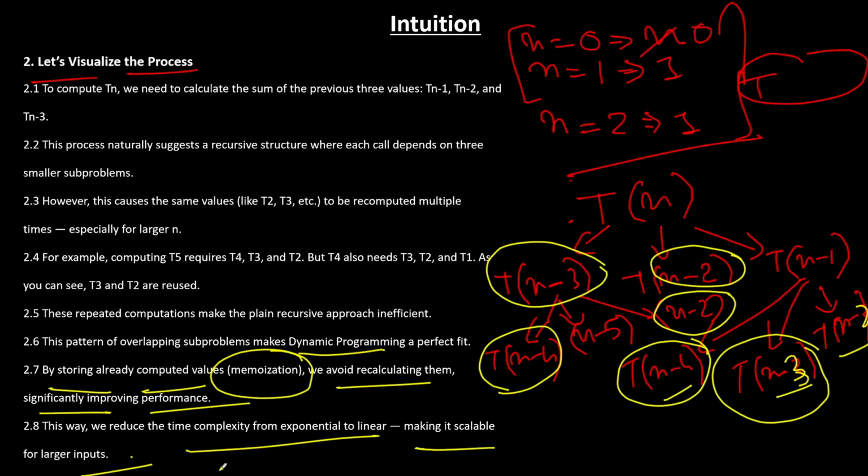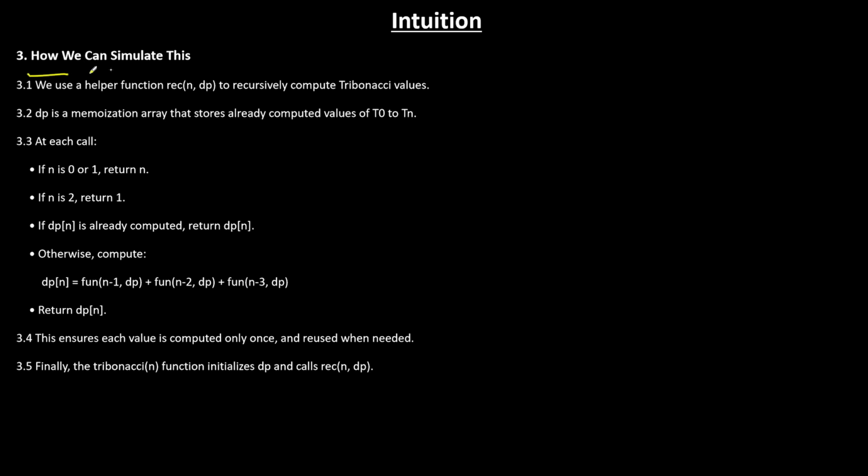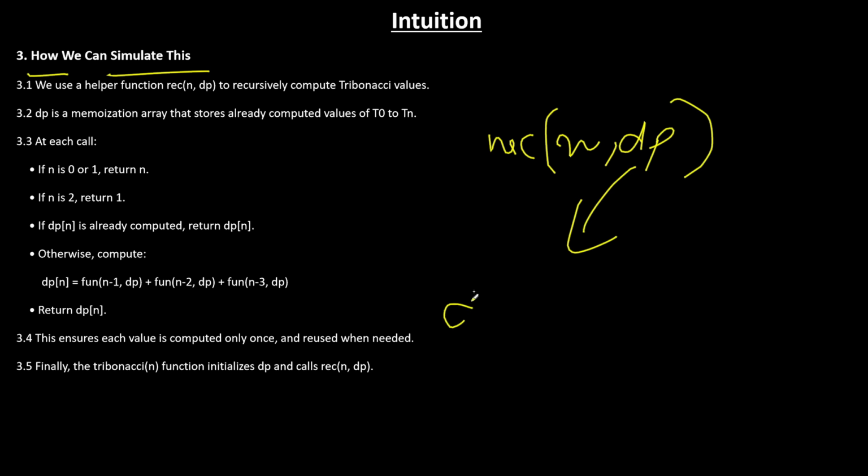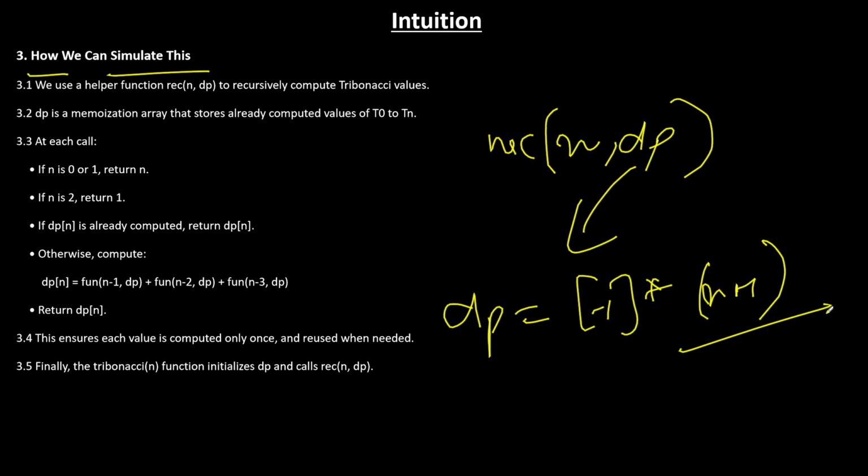Okay, so I hope you understood this visualization process. Let's move to the next slide. Now, how can we simulate this? Simple: we will require a function which has the n value given to us and the dp, right? We will initialize the dp with minus 1, with size n plus 1. At each call we will check if n is 0 or 1, base cases; if n is 2, we return 1. These are the base cases, as I explained earlier.